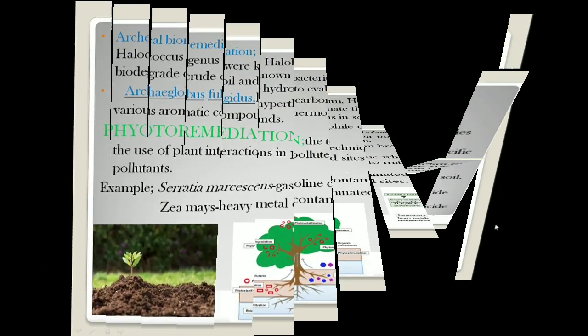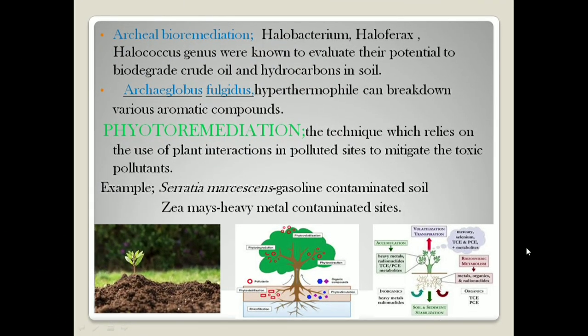Archaea such as the Halobacterium, Haloferax, and Halococcus genera were well known for their potential to biodegrade crude oil and hydrocarbons in soil. Archaeoglobus fulgidus, a hyperthermophile, can break down various aromatic compounds.